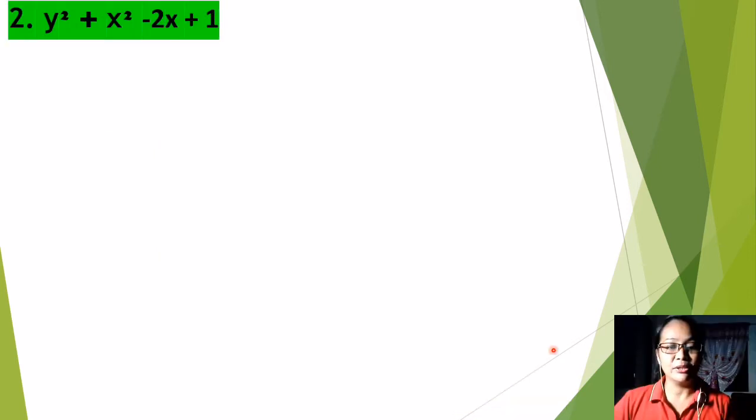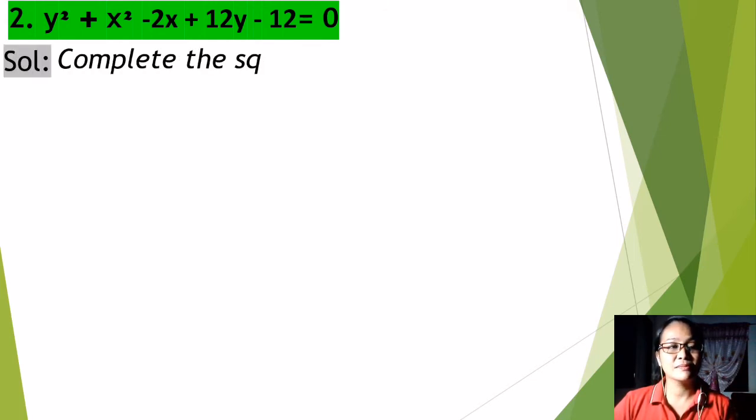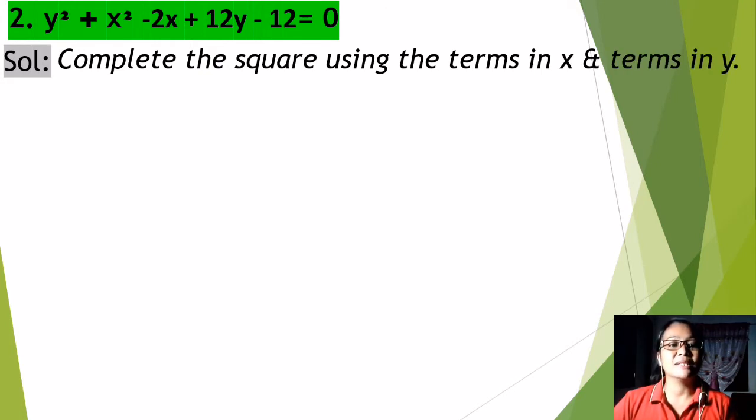For our number 2, we have y squared plus x squared minus 2x plus 12y minus 12 is equal to 0. So first, we're going to complete the square using the terms of x and using the terms of y. So first, copy the equation and then combine the x and y.